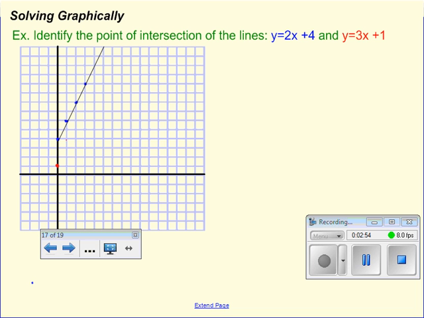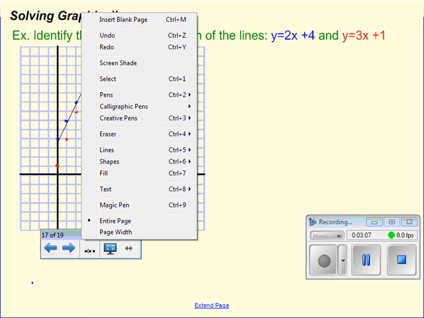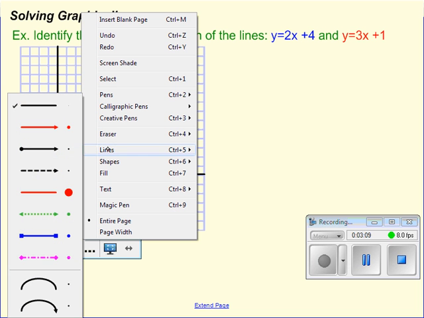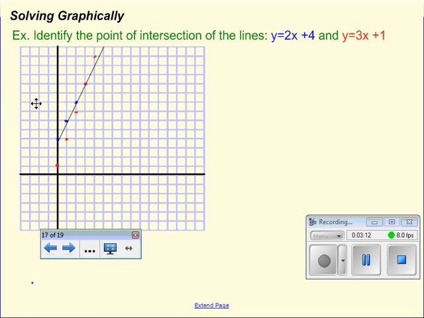So rising 3 over 1, rising 3 over 1, rising 3 over 1, and again rising 3 over 1. Again, I'm going to use my line tool, and I'll make this still black, and go through here and up here.